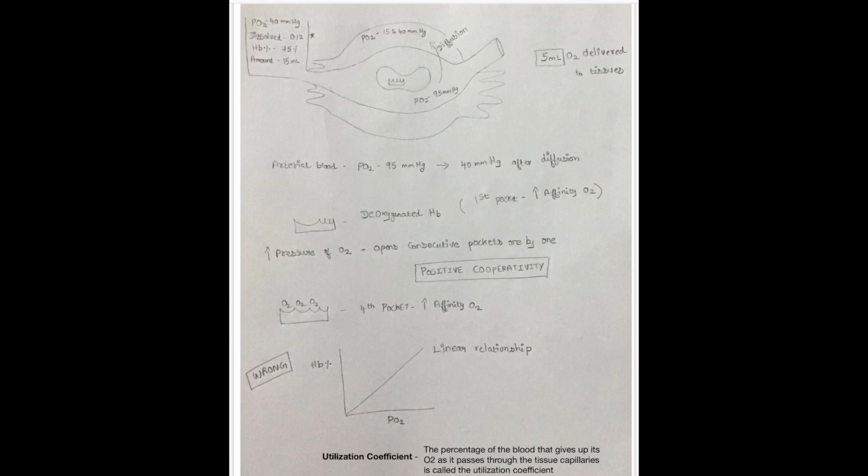So why do cells need oxygen molecules? The cells use these oxygen molecules for metabolism, for example, metabolism of glucose. The cell uses this oxygen for the metabolism of glucose, and carbon dioxide is produced at the end of the glucose metabolism.